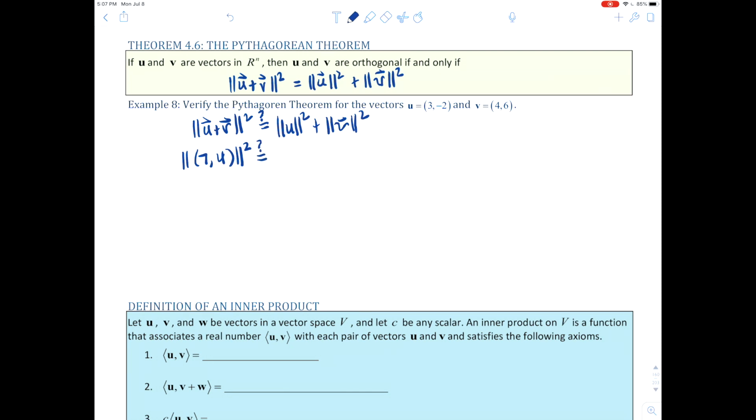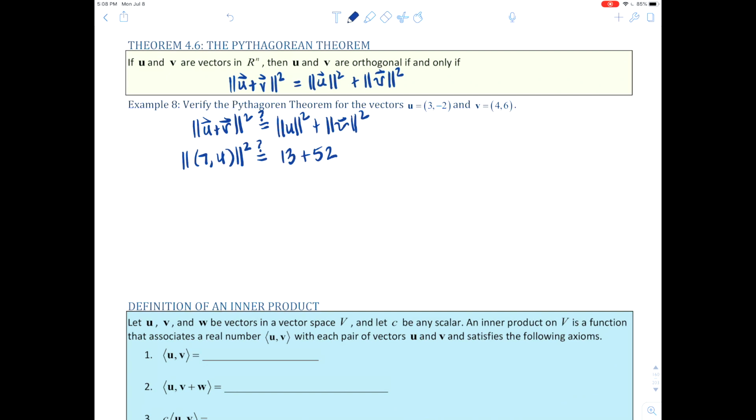And we want to know, is that equal to, so what's the magnitude of u squared going to be? Good, 13. And then the magnitude of v squared will be, what is that, 16 plus 36, 52?